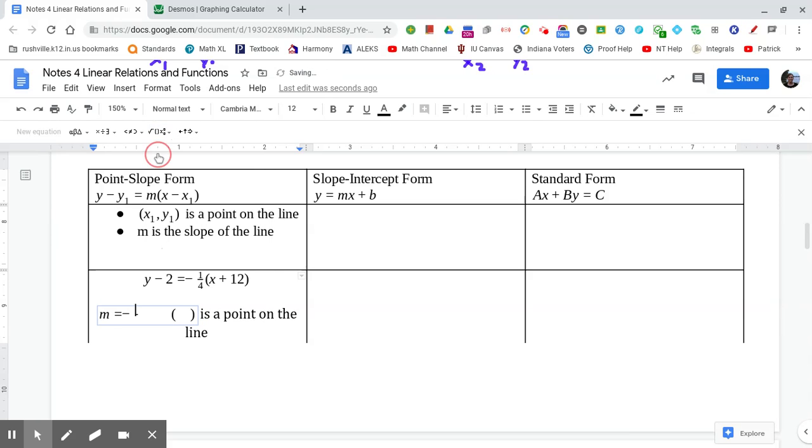The hard part is trying to figure out what the point on the line is. The number part is easy. It's just going to be, what are the signs that I use? x is what's in the parentheses, so here's the number in the parentheses, we have a 12. And then y is what's after the y value here, so we have a 2.